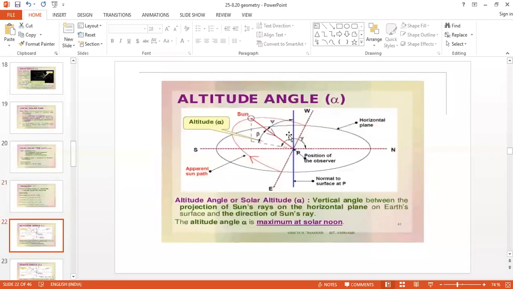And next one, altitude angle. The altitude angle is denoted by the letter alpha.